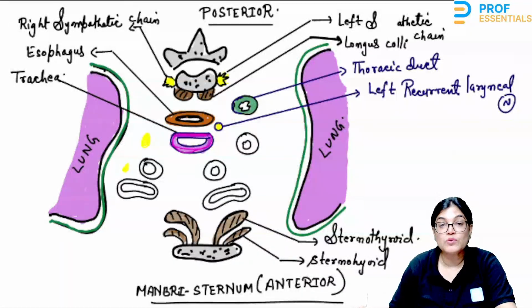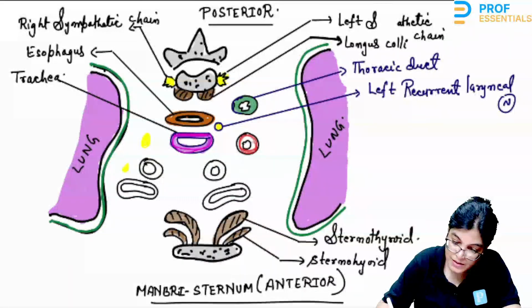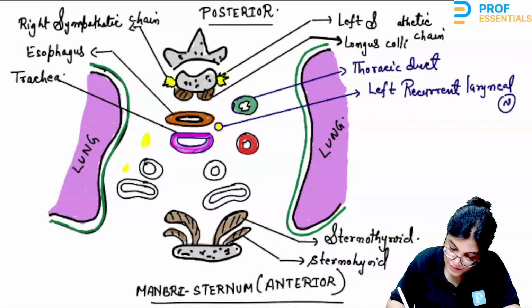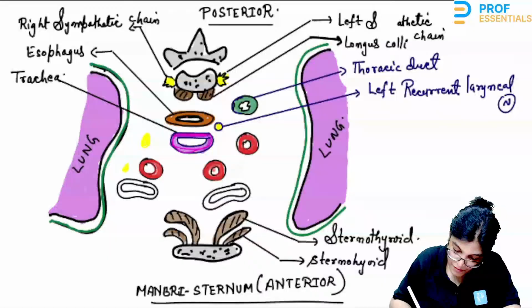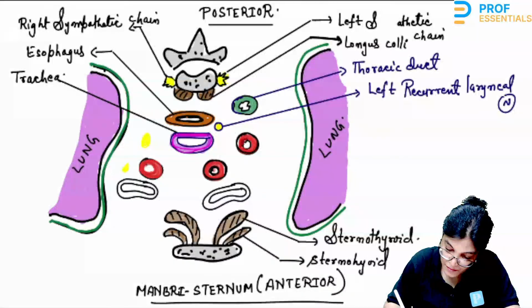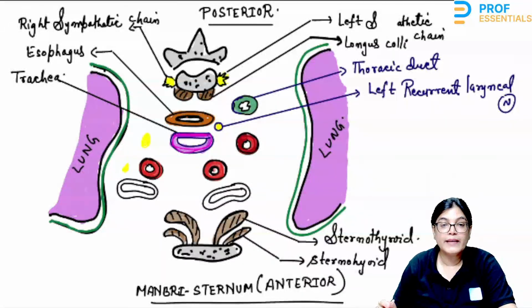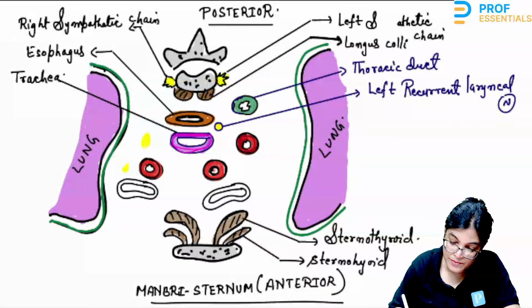Okay, now coming to the great vessels. So I would like to use red color for that. These are the great vessels. Okay, then we will have the veins. We will have the vena cavas.